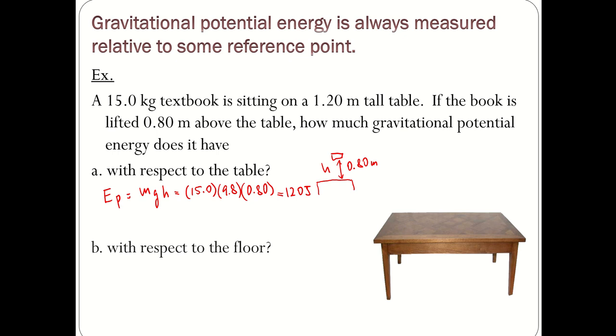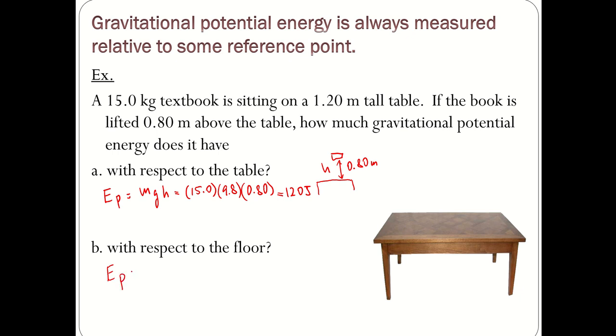But what if we ask, what about the potential energy with respect to the floor? Let's say if you were to drop it, not onto the tabletop, but onto the floor. In that case, we have to add the height of the table plus the height that you lifted above the table, and then use that as our height in our equation. So in this case, the formula is going to be exactly the same.